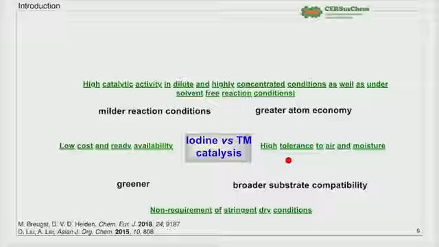They tolerate moisture and air atmosphere. Also, there is no need to dry the reaction involving iodine. Furthermore, because of high catalytic activity in dilute and highly concentrated conditions, we can perform the reaction under solvent-free conditions. That makes the system completely greener.